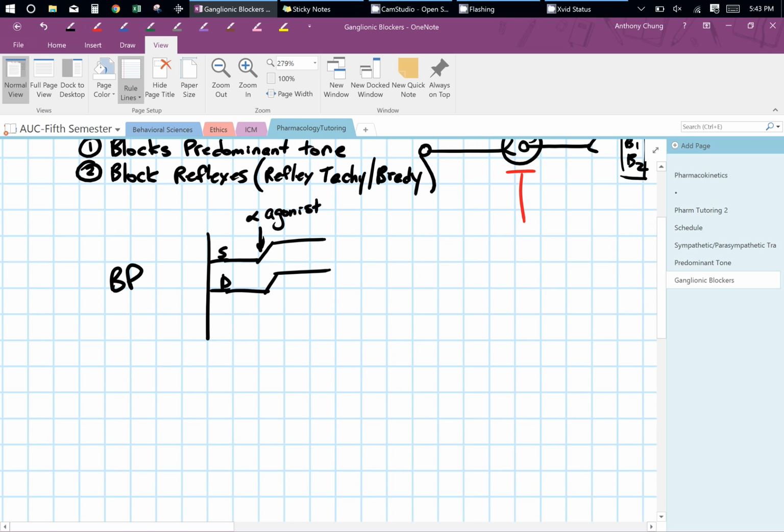But something else happens. If you have a higher blood pressure, your body's like, stop, it's too much. I need to slow it down. The blood pressure is too high. It's not healthy for me. So what does it do? It has to do something with heart rate. Does it decrease or increase heart rate? Decrease heart rate.